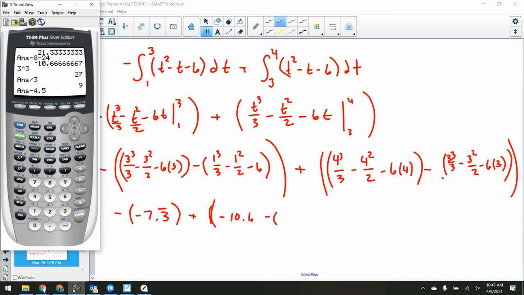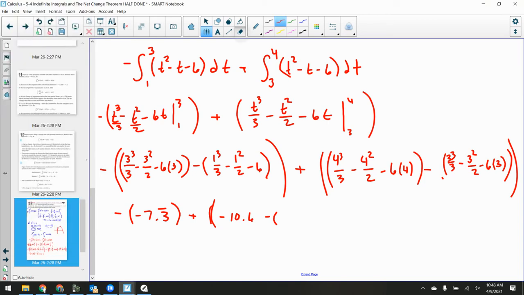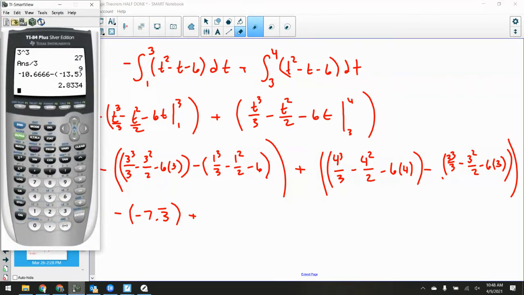So it was negative 10.6, and then negative 13.5 minus a negative 13.5 gets us 2.83. So all of that is positive 2.83.